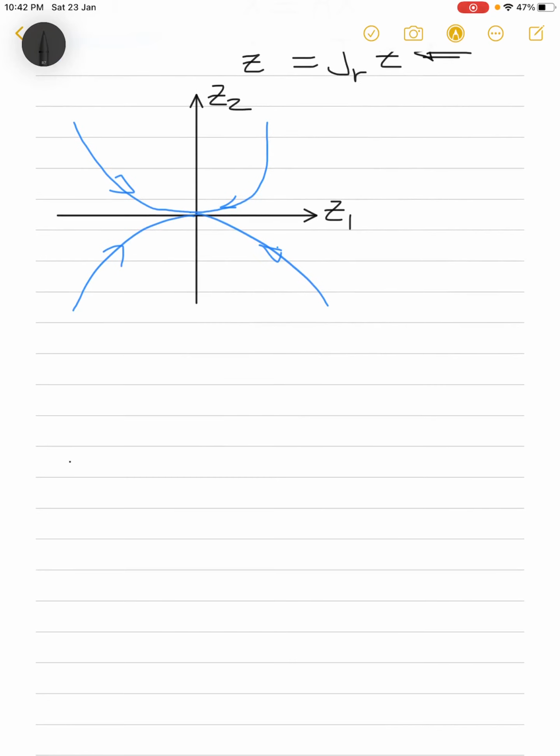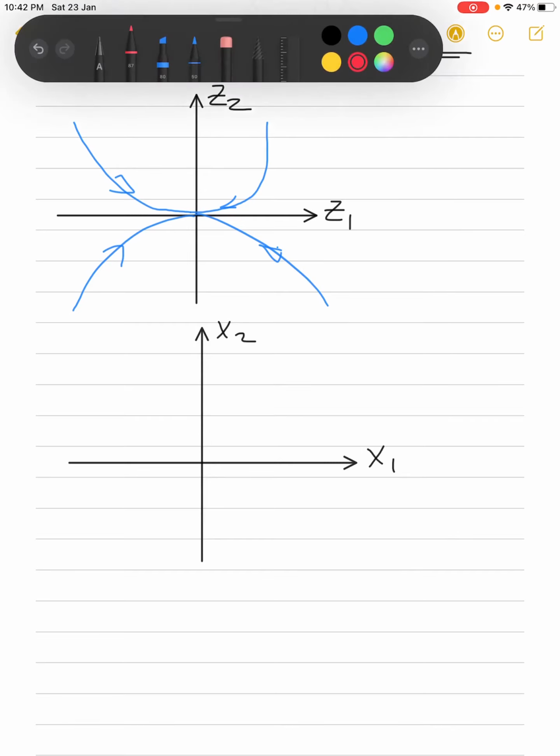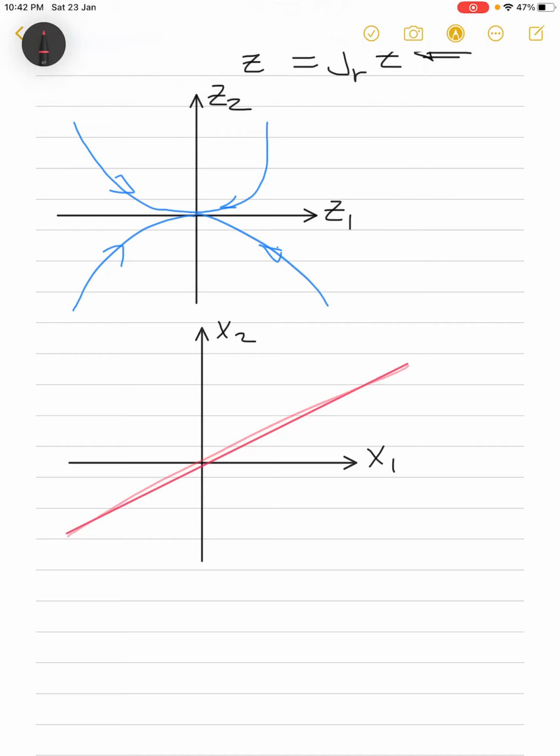For example, if we take this as x1 and this as x2, then in general the eigenvectors would be, say, v1 and v2.